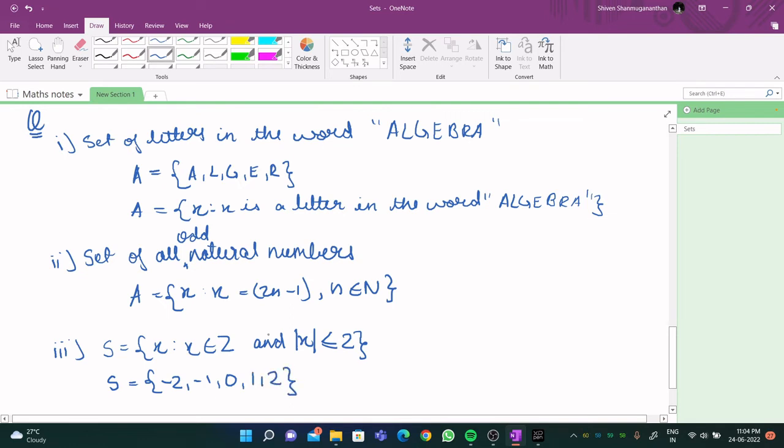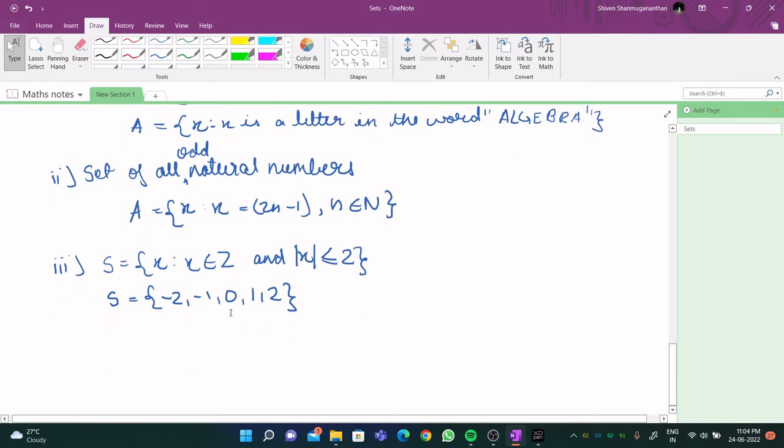Let's check if this is correct. We have minus 2 is an integer. Fine, that checks out. Then minus 1 is an integer. We have 0. We have 1 and 2. The modulus of all these elements are less than or equal to 2. Okay, so we have the correct answer here.